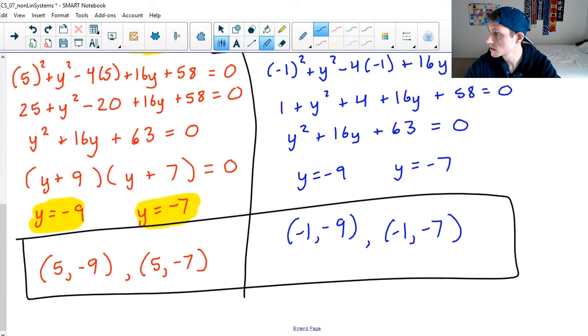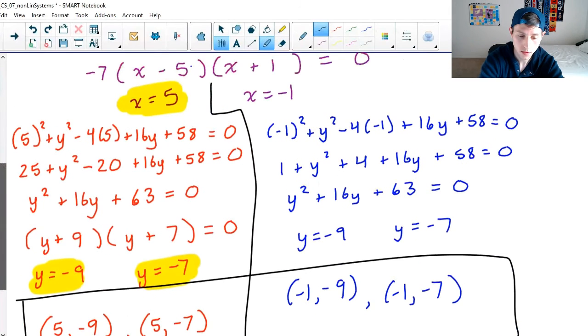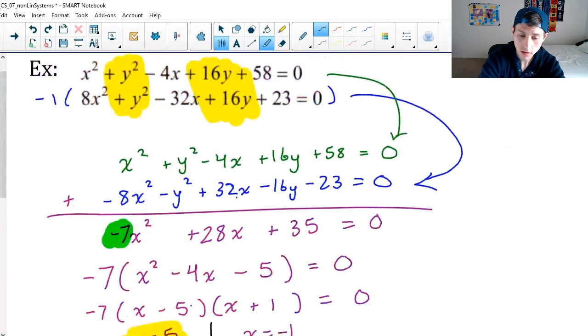So let me pull up the graph of this really quick as my last thing that I do. x squared plus y squared minus 4x plus 16y plus 58 equals 0.